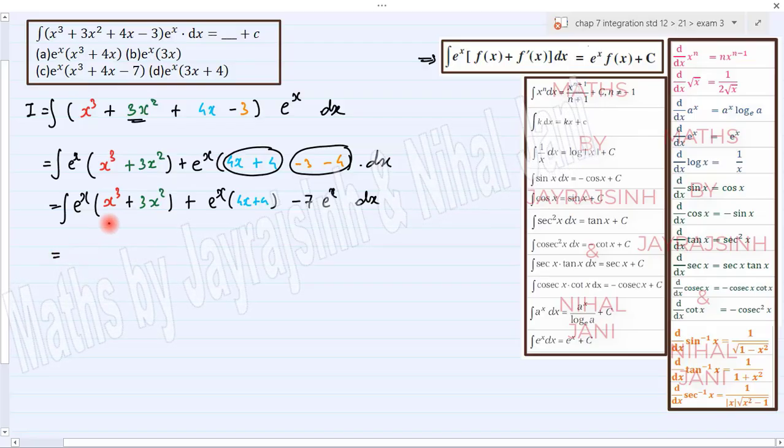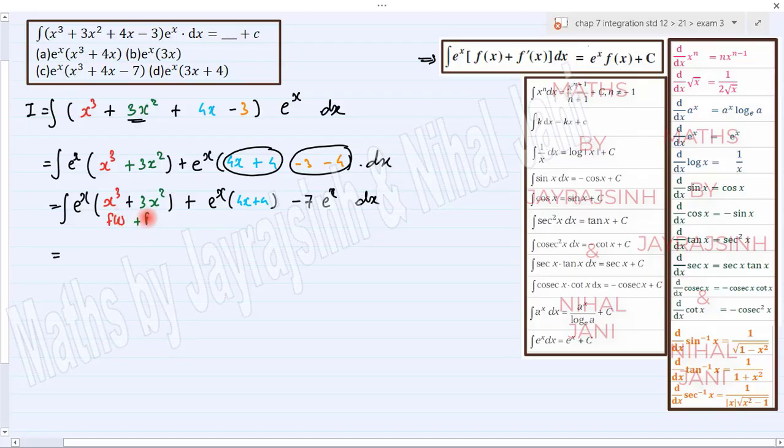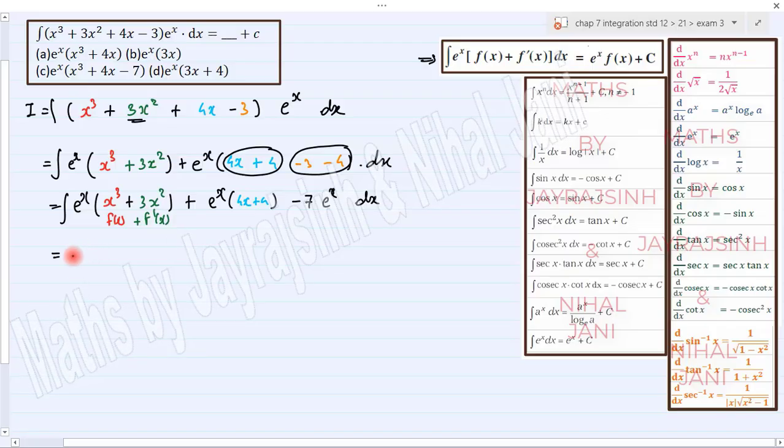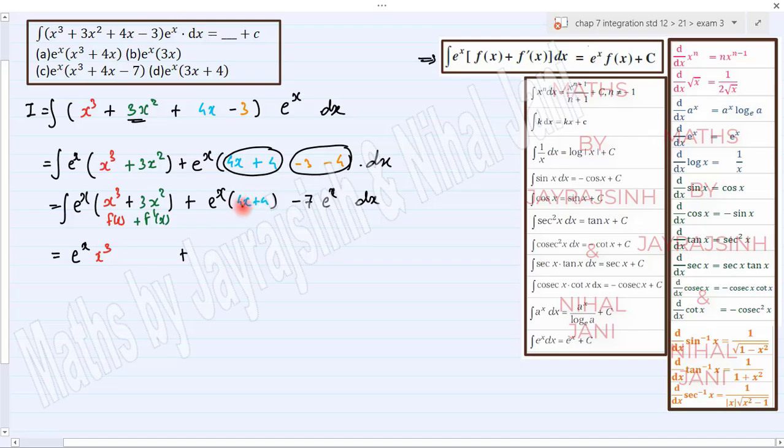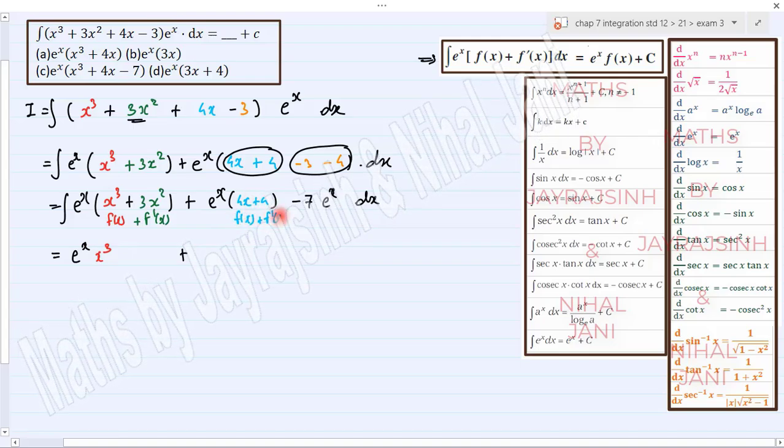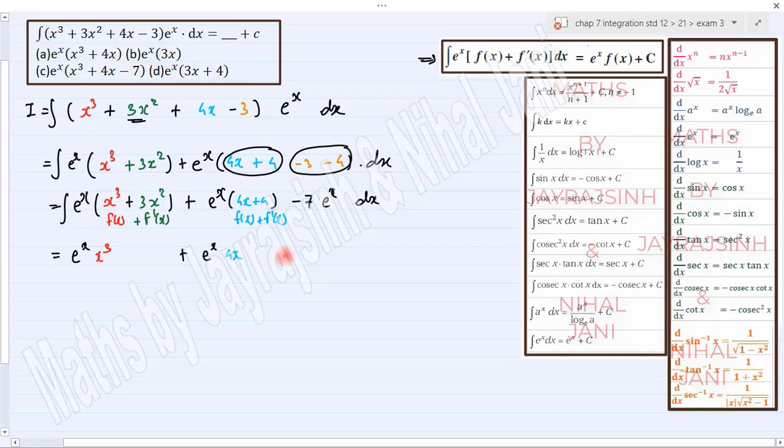In the first term, we have x cube as f(x) and f dash x, which is 3x square. So its integration is e raised to x into x cube. In the second term, your 4x is f(x) and its differentiation is available within the summation. So e raised to x into f(x), or we can say 4x.